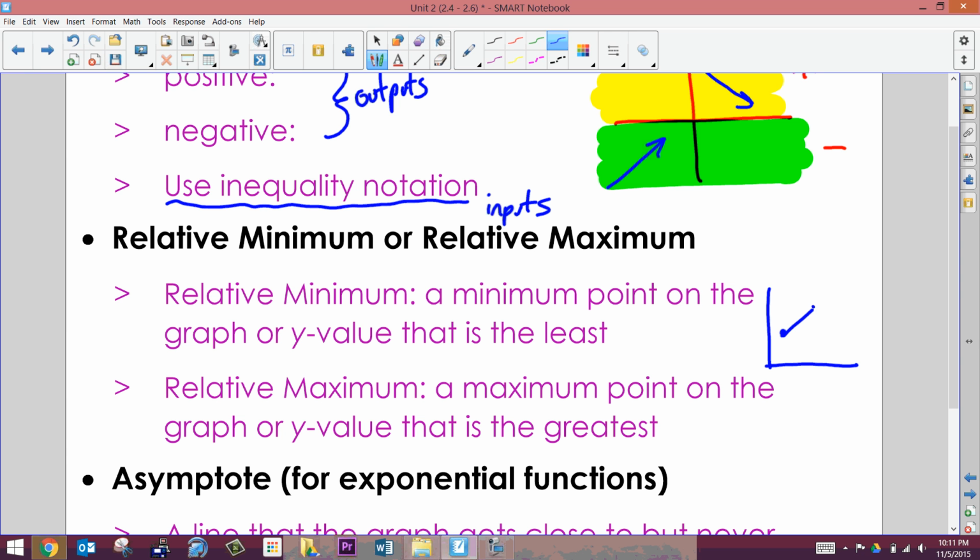Well, this becomes the relative max. And we'll see better examples of this. I think a key feature that we'll come back to is the key word relative. But we're basically looking for the lowest output and the highest output. Again, this has to do with outputs, what is that value. But again, we're saying when it happens with the domain.